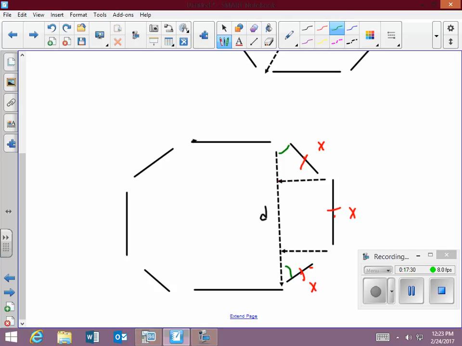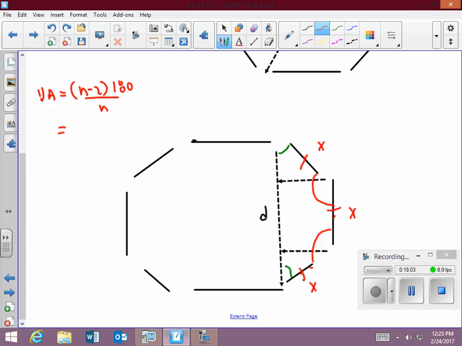They'll be the same. The vertex angle is equal to n minus 2 times 180 over n.